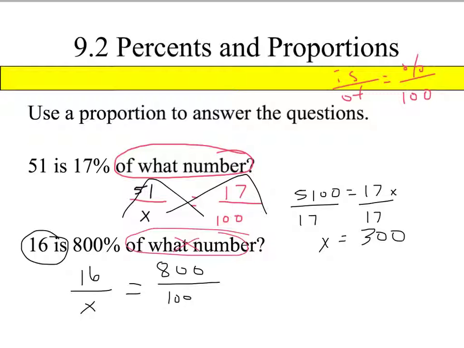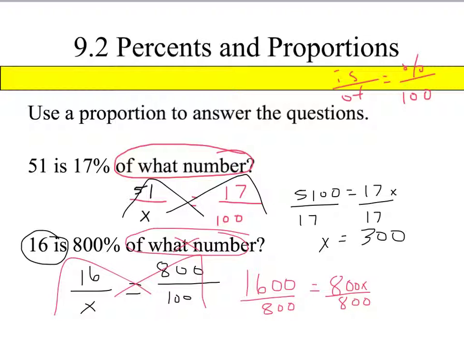Cross multiply, and I get 1,600 is equal to 800x. Now I divide by 800, and I get x equals 2.